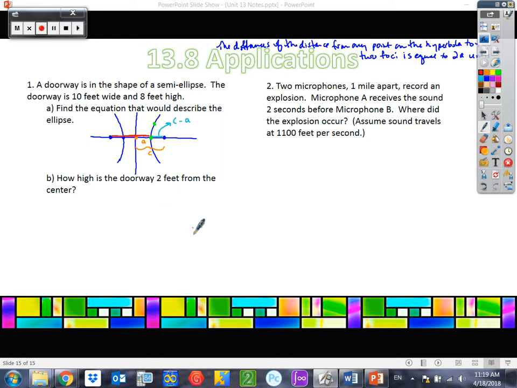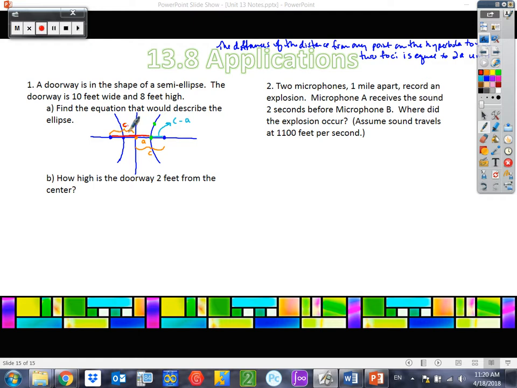So how do we come up with that distance? Well, we know that this portion is C. A portion of that distance is C. I'll put that in red.